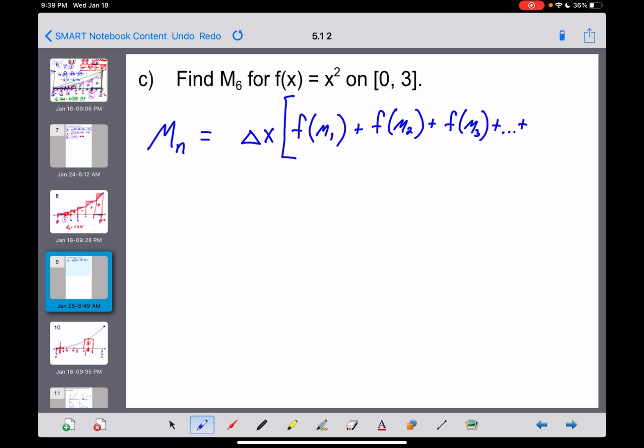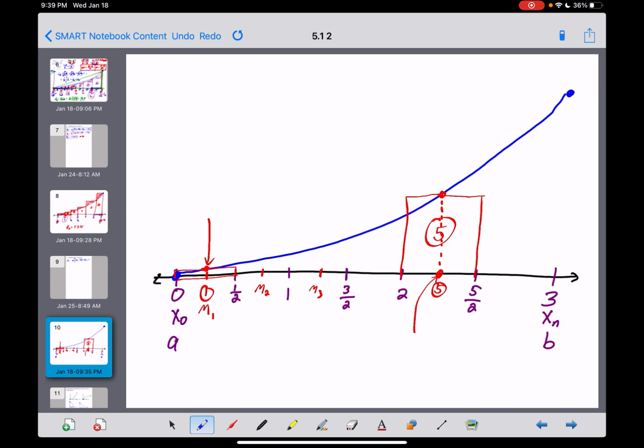And then the important question, anytime you do a dot, dot, dot, is where do you end this thing? So this one isn't hard to count out. There was M3, this would be M4, this guy right here would be M5, and the last one we want here is M6. But that's only because in this particular example that we're drawing, we're dealing with 6 subintervals. More importantly here, guys, if you remember this x, this 1/2 value right here, let me do that in purple.